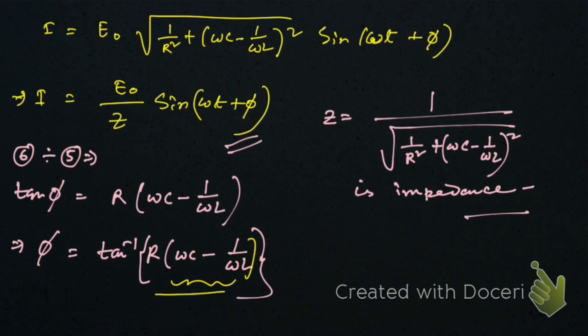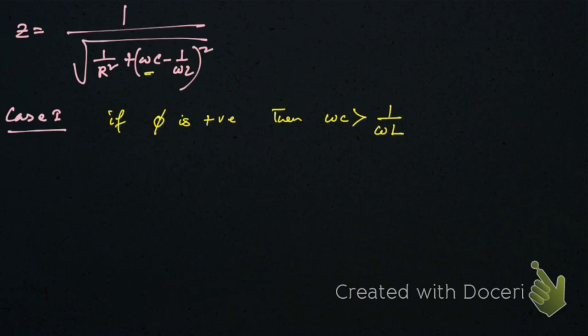If this quantity is positive, then this phi will be positive. Omega C greater than 1 by omega L can be written as omega L greater than 1 by omega C, as if you have shifted this onto that side.